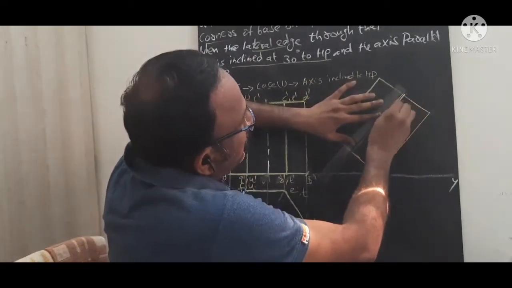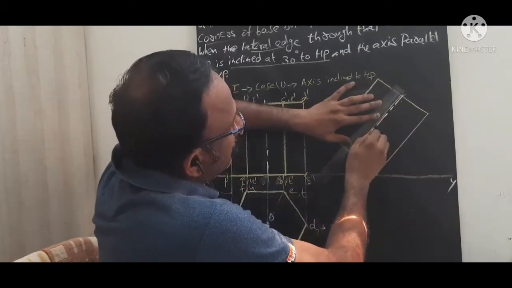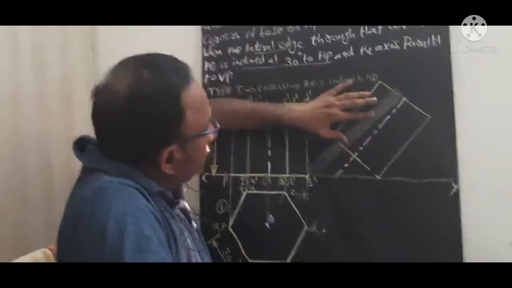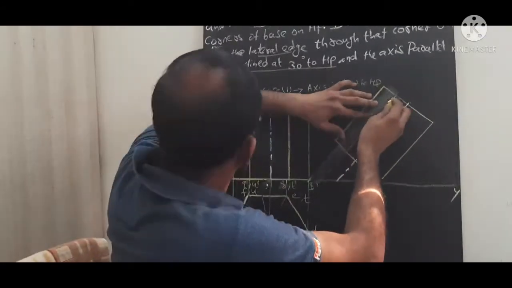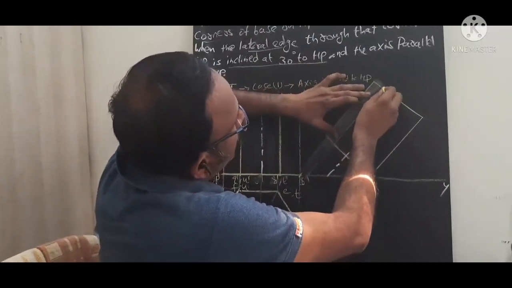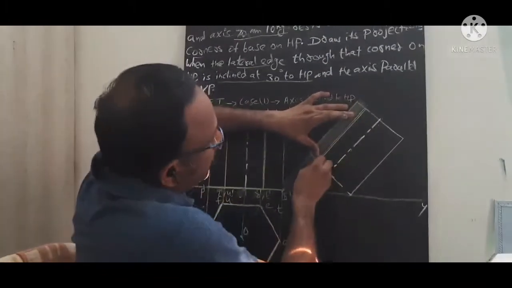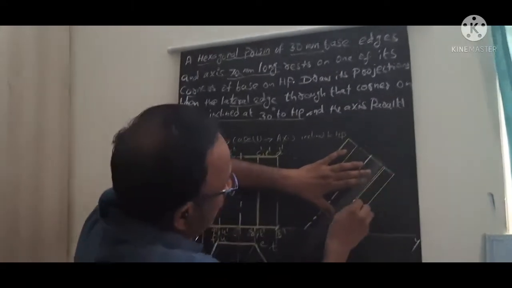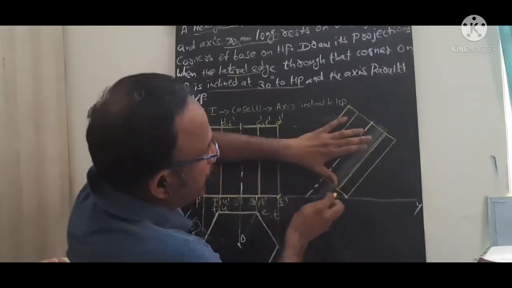You need to extend this axis line also. This is the actual axis of this particular solid. Then you need to mark this line also, this is another edge. You need to draw this. So we have completed step number 3.